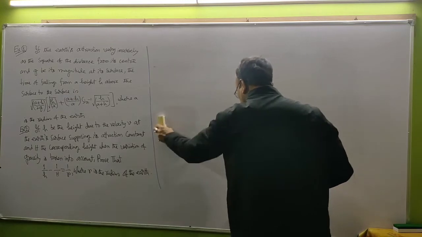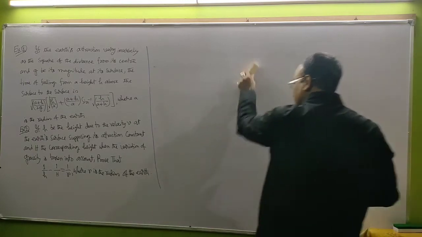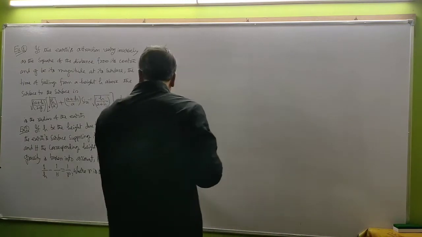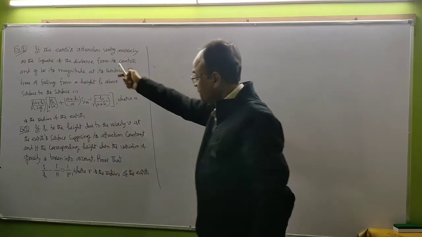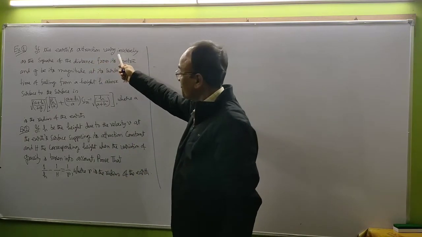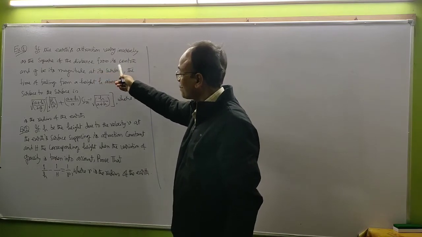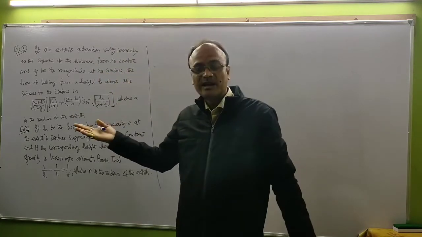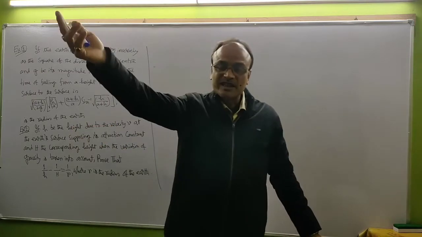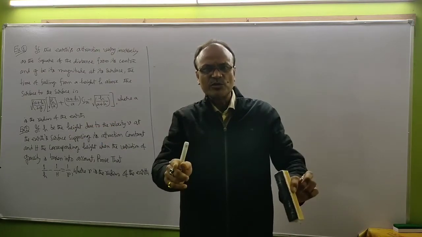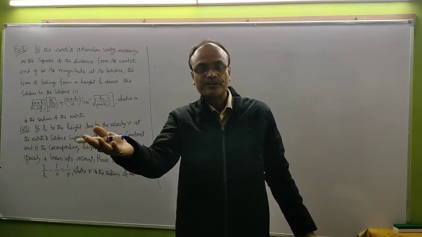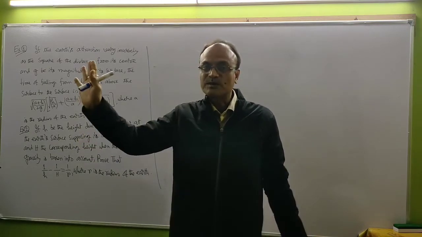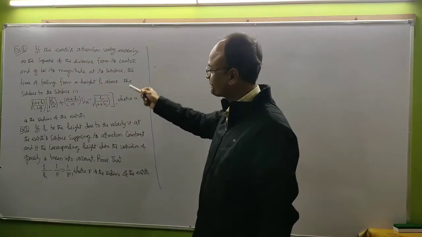What is question number 1? If the earth's attraction varies inversely as the square of the distance from its center, it is given here. And if it is not given, then also if a particle moves outside the earth, you must assume that the acceleration varies inversely as the square of the distance from the center of the earth.